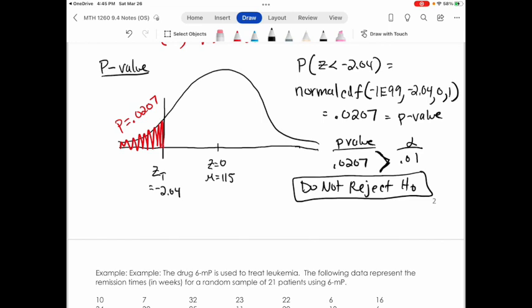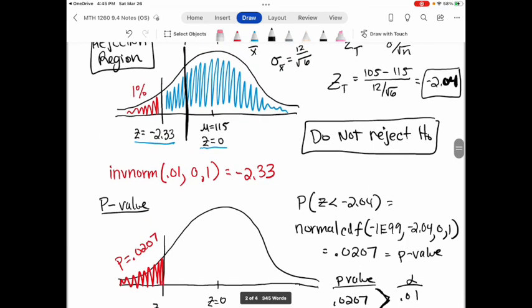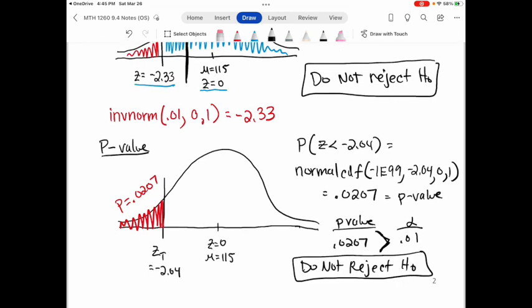We only reject the null hypothesis when the p-value is less than or equal to my alpha, which in this case is 0.01. So overall, when we check both methods, both of the decisions that we came to were do not reject the null hypothesis.